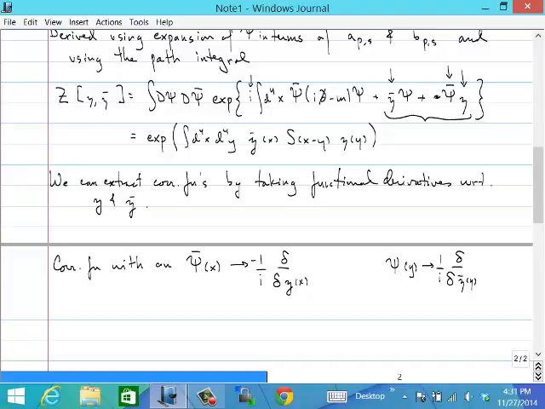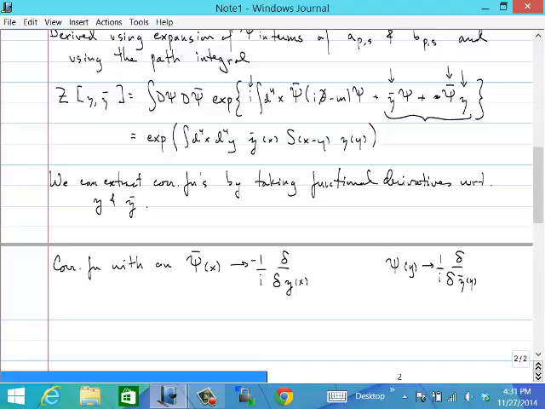And the indices of these are the indices of this latter pair. Okay. And then there are various other contributions that arise.